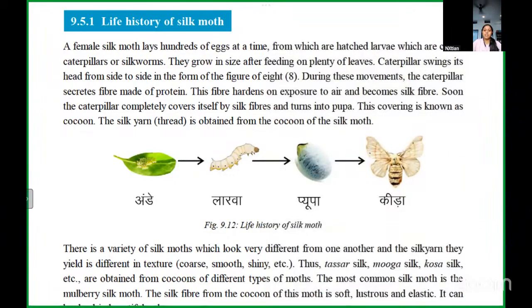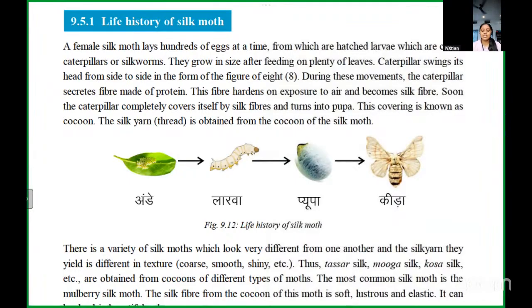The baby of the silk moth is called a larva. Larva is singular, larvae is plural. Then they turn into caterpillars. They grow in size after feeding on plenty of leaves.